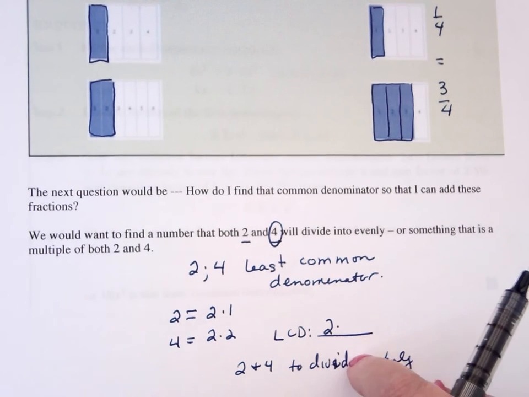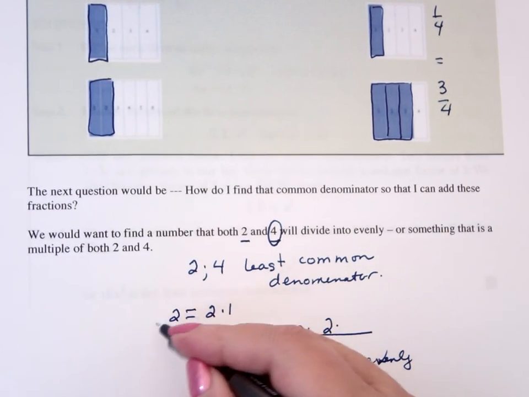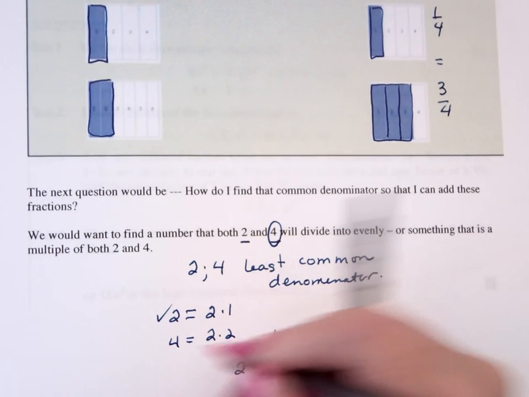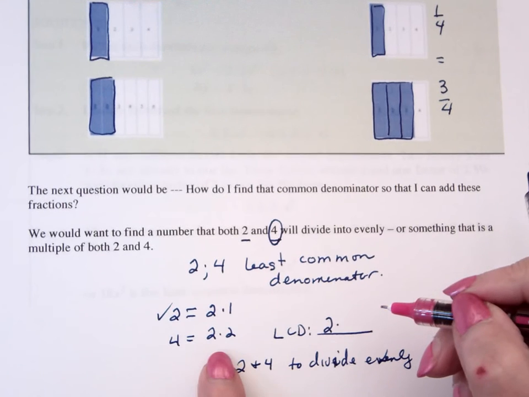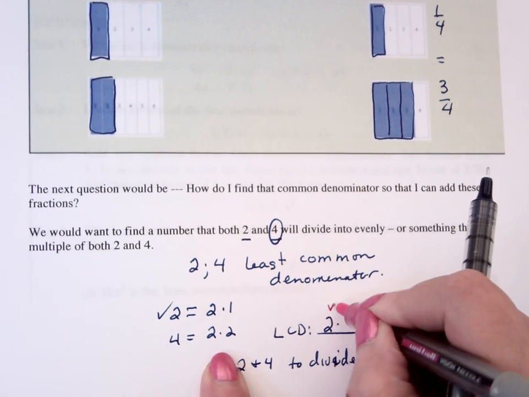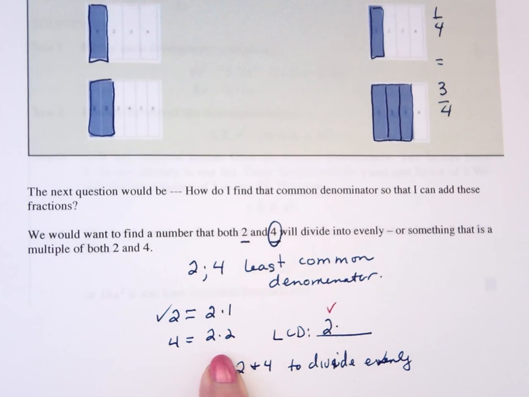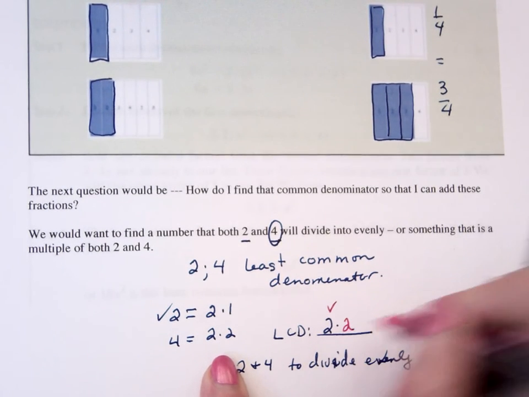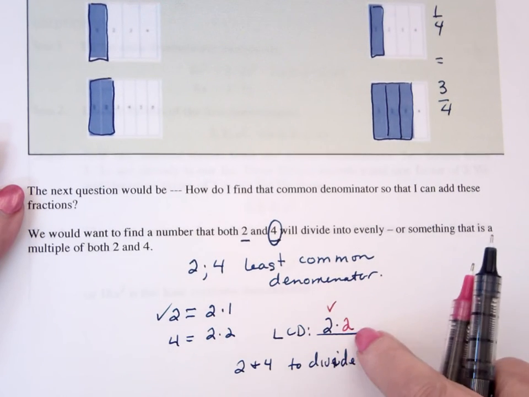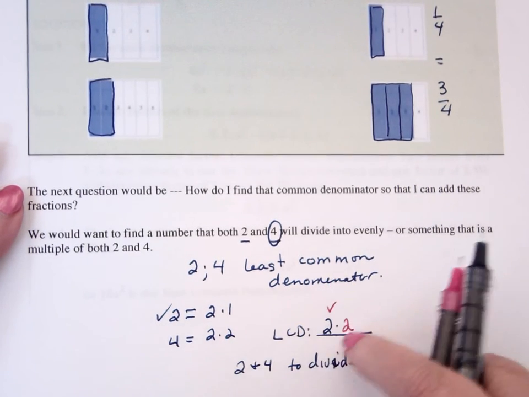So does 2 divide 2? The answer is yes, so it divides that number. Now, I want 4 to divide it. If 4 is going to divide it, it needs to have two 2's. You notice it already has one 2. What it needs is a second 2. Now, does 4 divide this? Yeah, you have a 2 and a 2, a 2 and a 2.